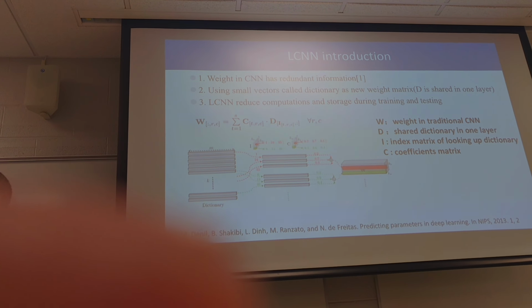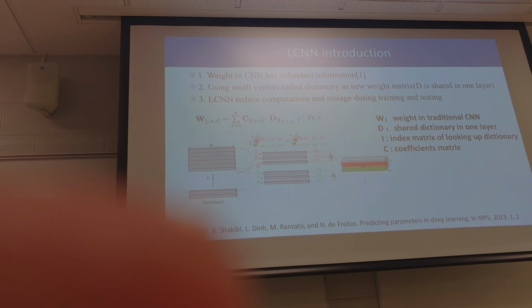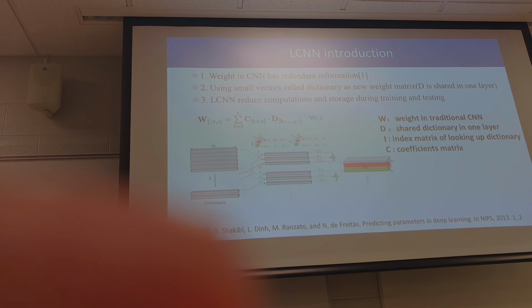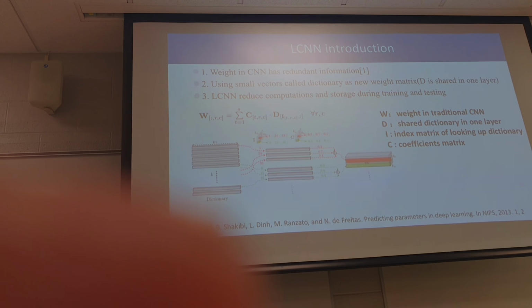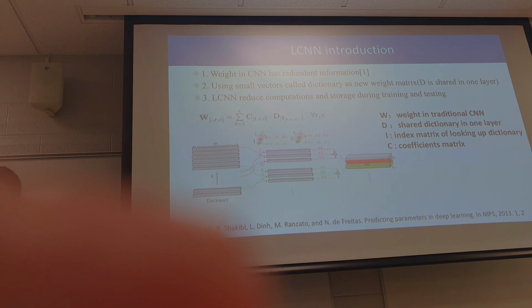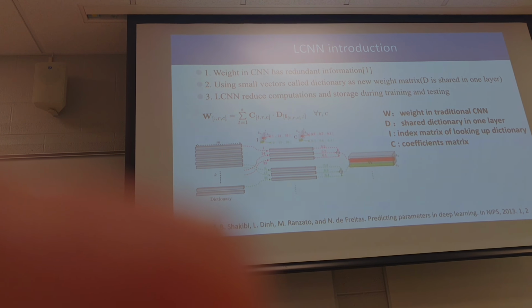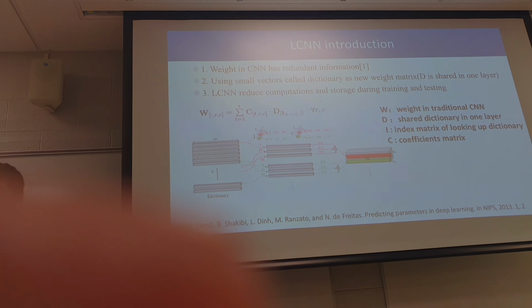In a traditional CNN layer, there are many weight matrices, and in this LCN, there is only one shared dictionary. So the conclusion is that LCN can reduce computation and storage during the training and inference steps.